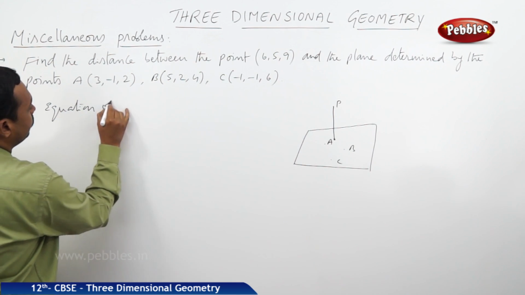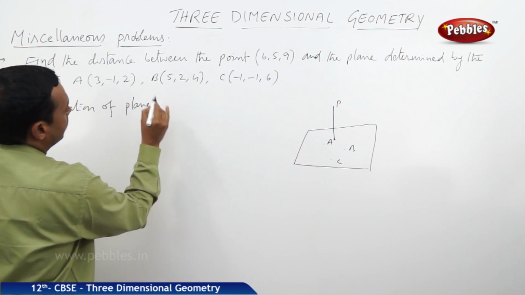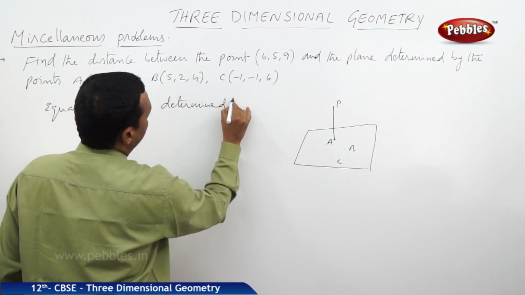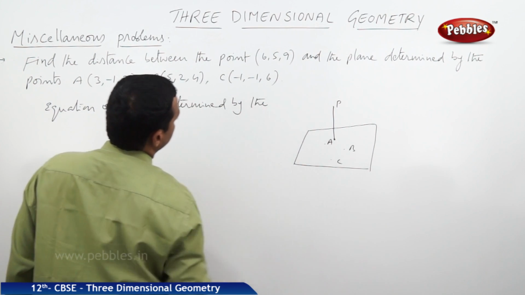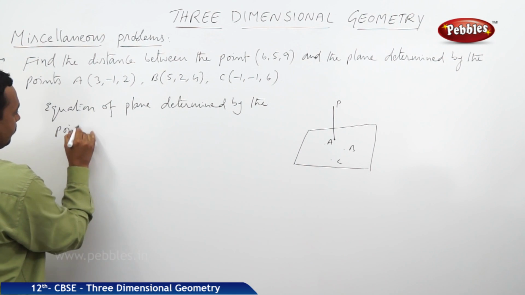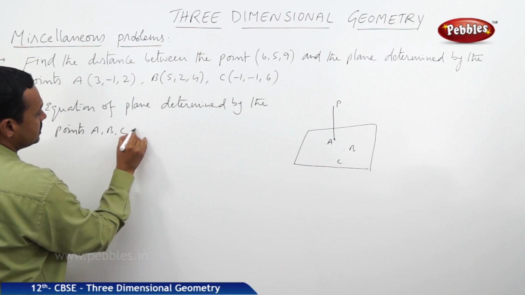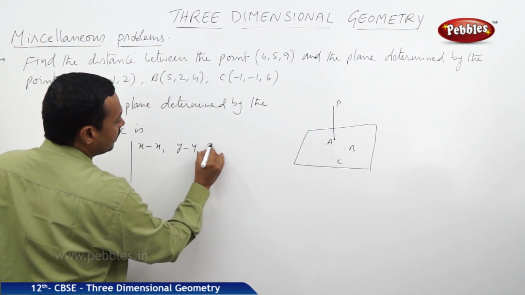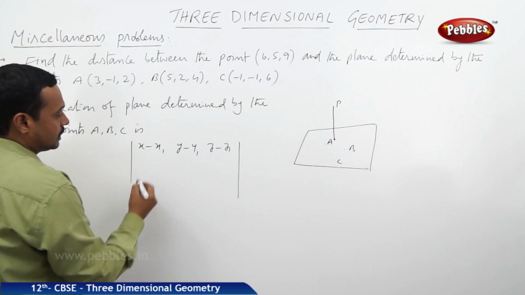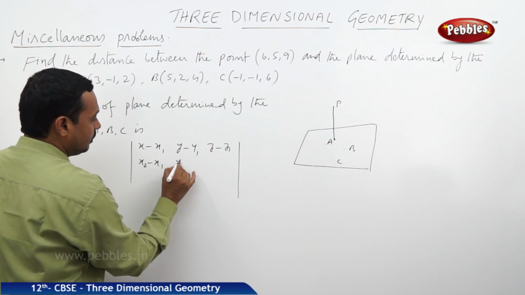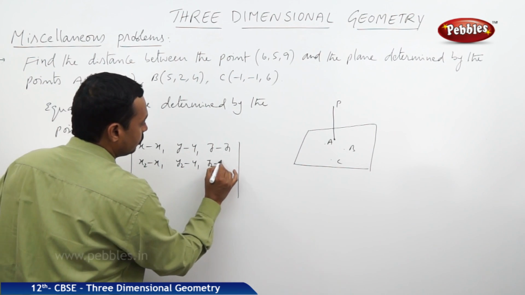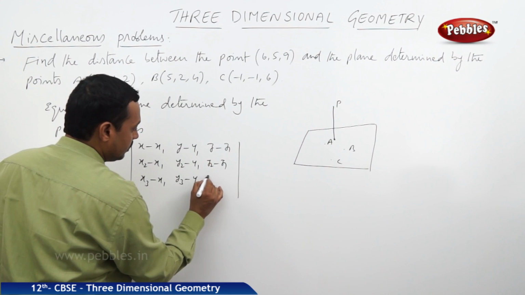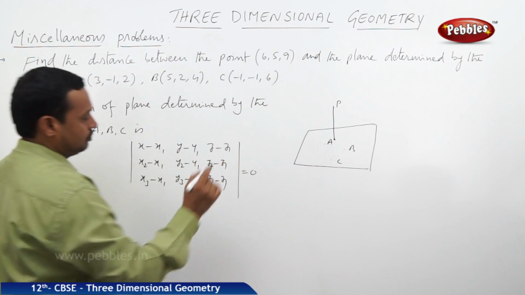The equation of the plane determined by the points A, B, C is the determinant of x minus x1, y minus y1, z minus z1; and second row, x2 minus x1, y2 minus y1, z2 minus z1; and x3 minus x1, y3 minus y1, z3 minus z1, is equal to 0.